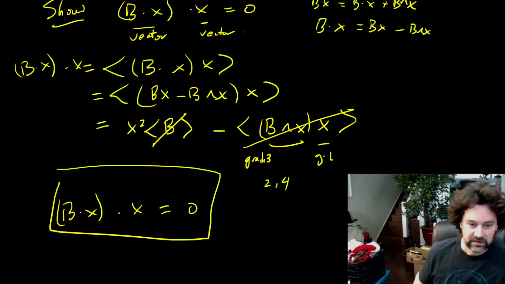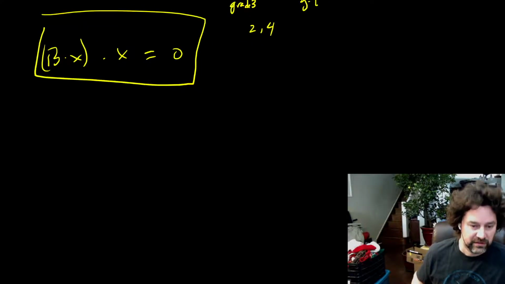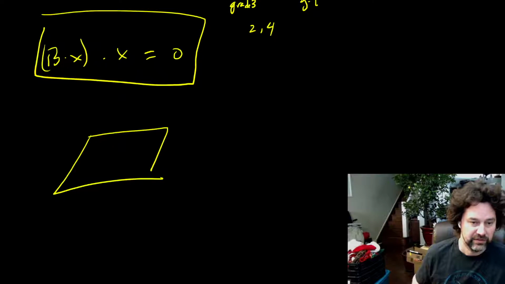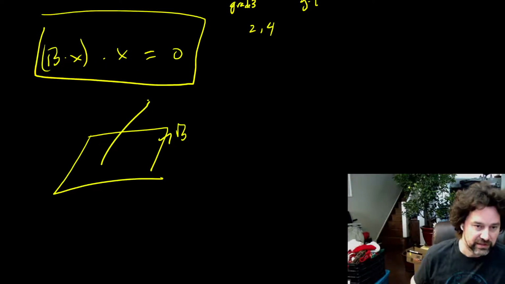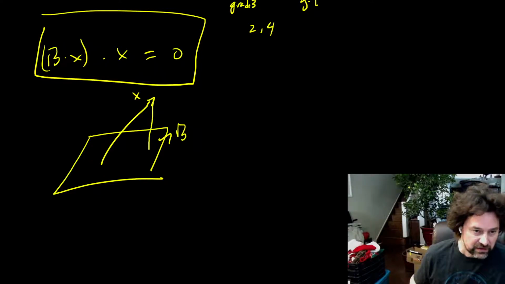So if we were to plot or graph that, what we're saying is that we have b and some vector x. We've seen that b dot x lies in the plane, and I'm going to cheat here a little bit. We haven't shown this. So there's the component here.